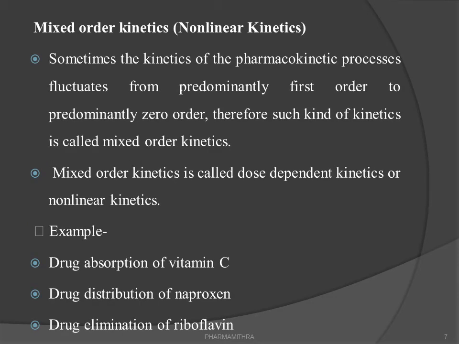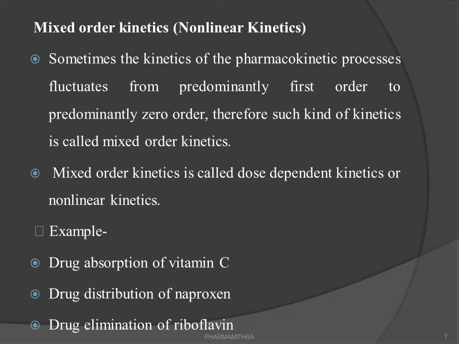In some cases, the kinetics of the pharmacokinetic process change from first order to predominantly zero order with increasing dose or chronic medication. In such cases, a mixture of both first order and zero order kinetics is observed, and the process is known as mixed order kinetics. This mixed order kinetics is also known as dose dependent kinetics or non-linear kinetics.